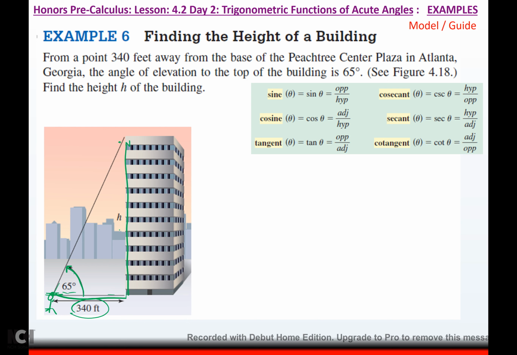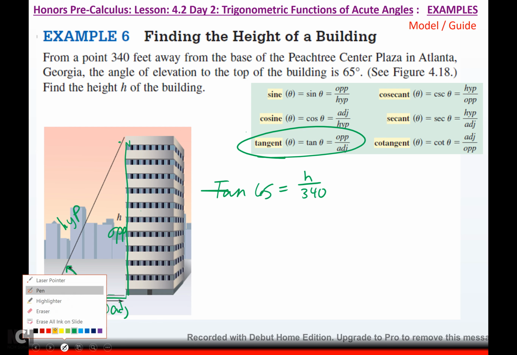So if I'm standing here, this is opposite, this is adjacent, this is hypotenuse. Well, I'm looking for opposite, and they gave me adjacent. Opposite and adjacent is tangent. So what I'm going to set up is tangent of 65 equals h over 340.